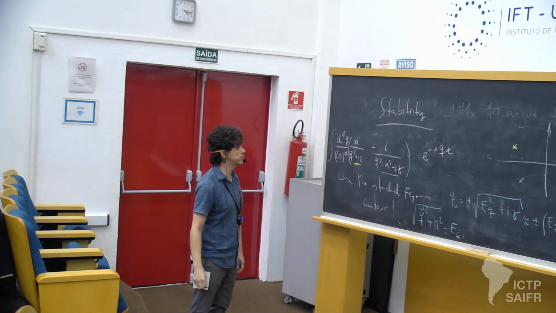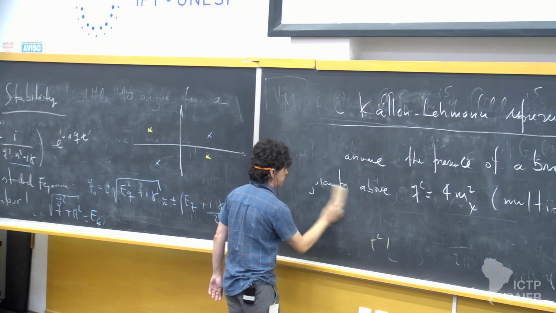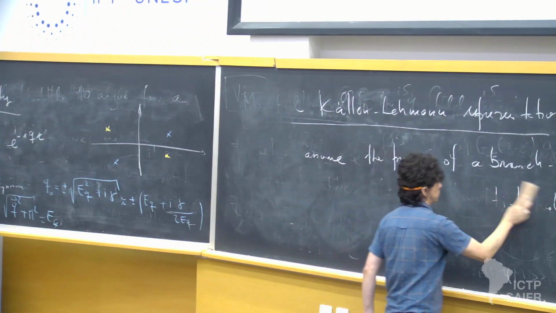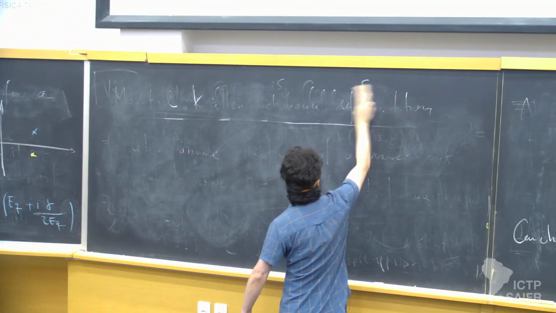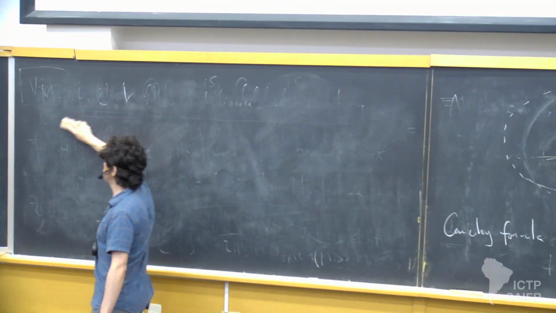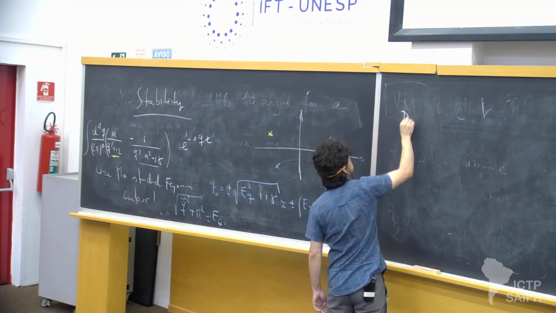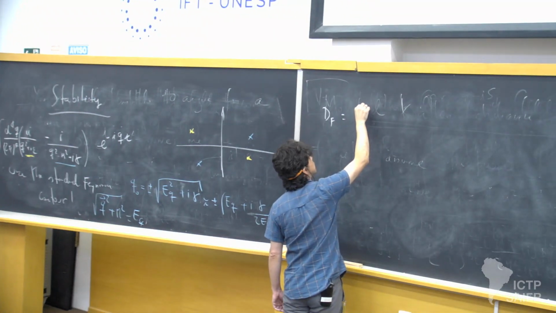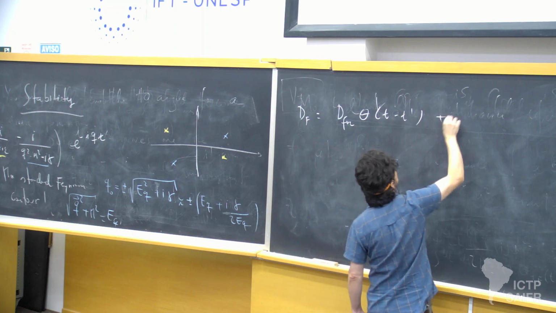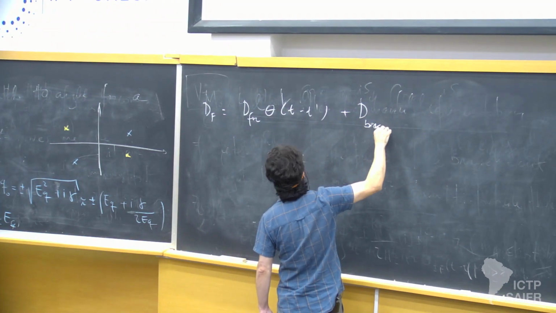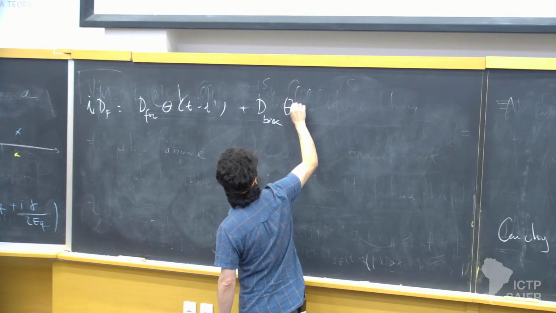So let's take, for instance, the propagator written in the usual sense as a forward and a backward propagation. So in the way that you are going to define something like that, you have a forward, theta of t minus t prime, and a backward, theta of t prime minus t.